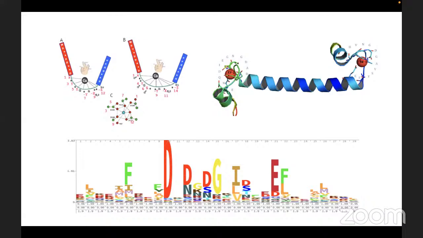On the left side, there is a hand with two thumbs, which denote two helices, and in between there is a loop where you can see Ca, which stands for calcium. Calcium is seen to be binding in this EF-hand motif, especially in this groove, where it forms a specific kind of geometry.